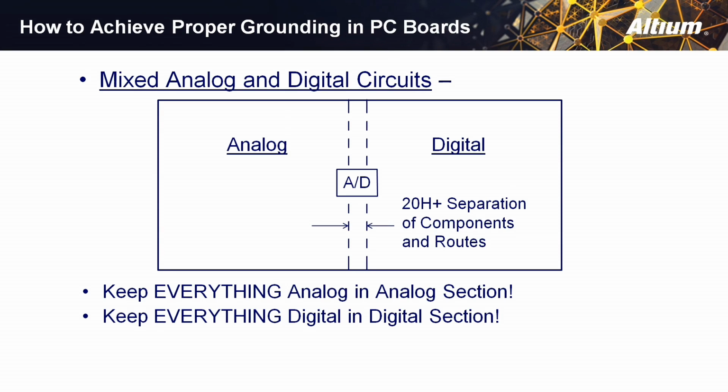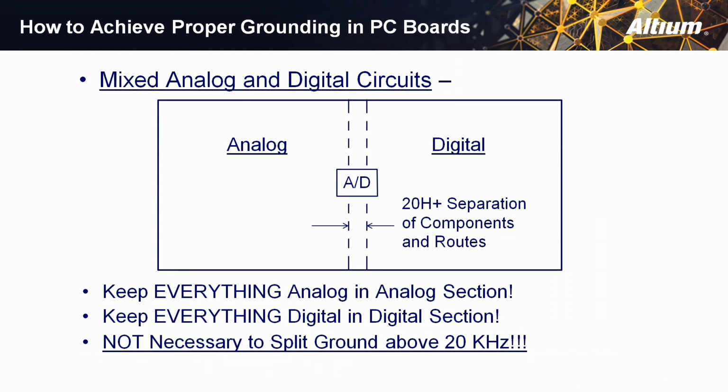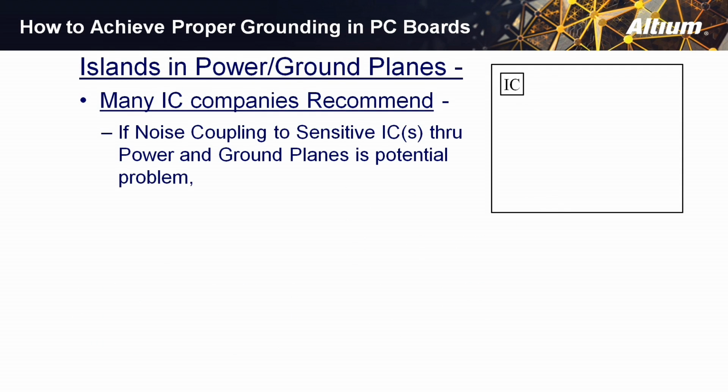Again, unless you have extremely low frequency analog in part of the analog side of the board, then it may be necessary. Beyond that, it shouldn't be necessary to split grounds. One of the things that's recommended by a lot of IC companies is to isolate things like video controllers, for example, into their own section of the circuit board.